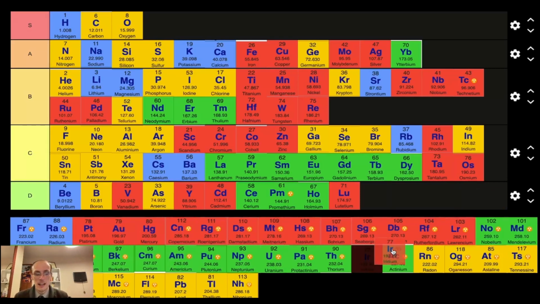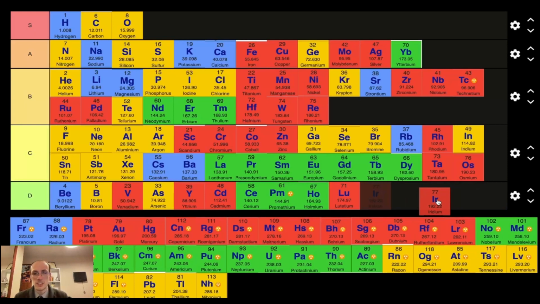Iridium, element number 77. Iridium gets a lot of bonus points because it's found in higher concentrations in things that have come from space than it is in the Earth's crust.